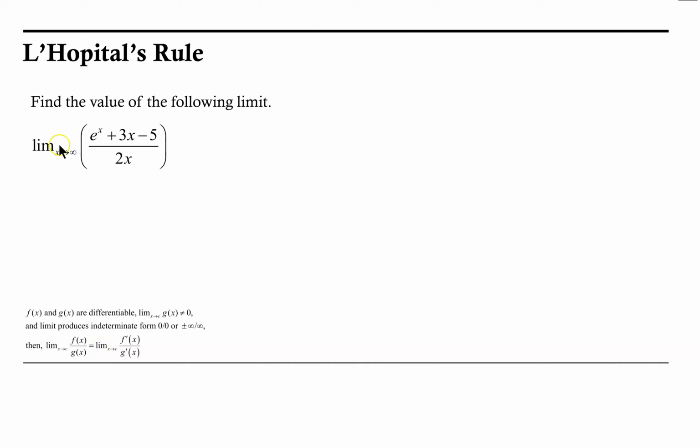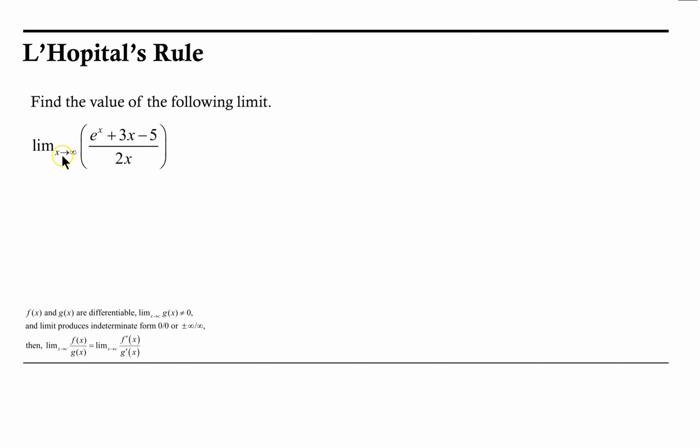So as we try to apply L'Hopital's rule to this particular function, my numerator, as x goes to infinity, e to the x will approach infinity, plus 3x will also approach infinity, minus 5. So my numerator approaches infinity.